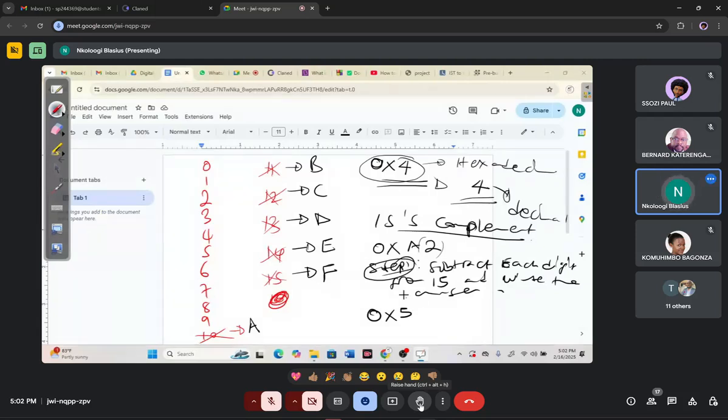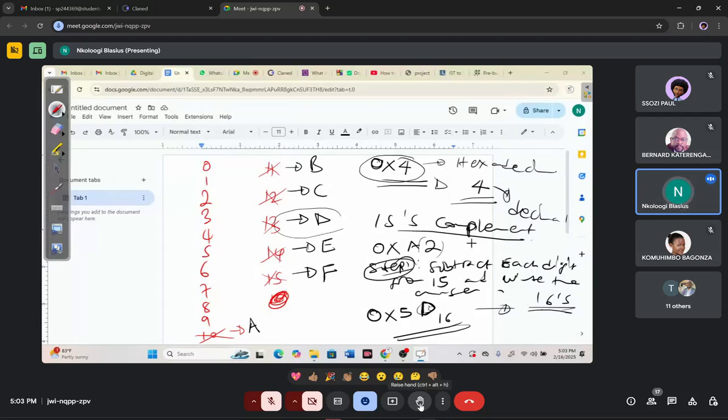And what is 13? 13 is a D. So you don't write 13 here, you write a D. In base what? 16. So this is the hexadecimal number, as a 15's complement.